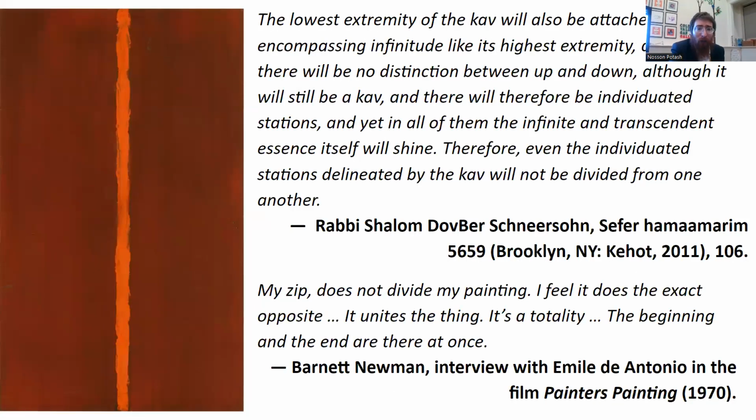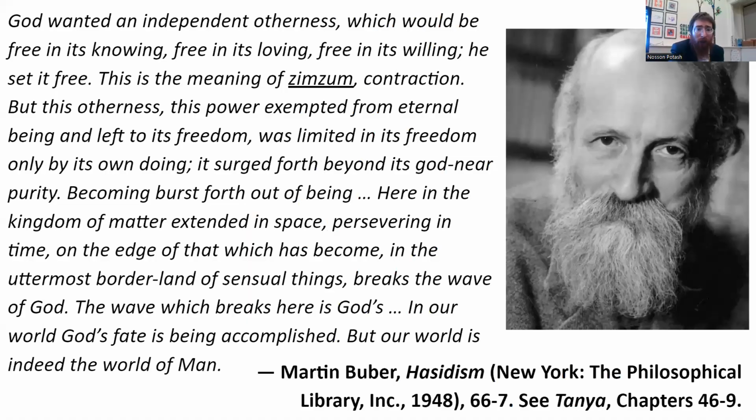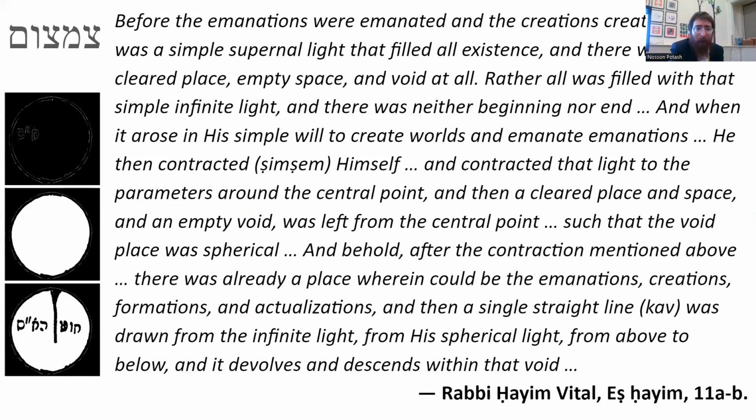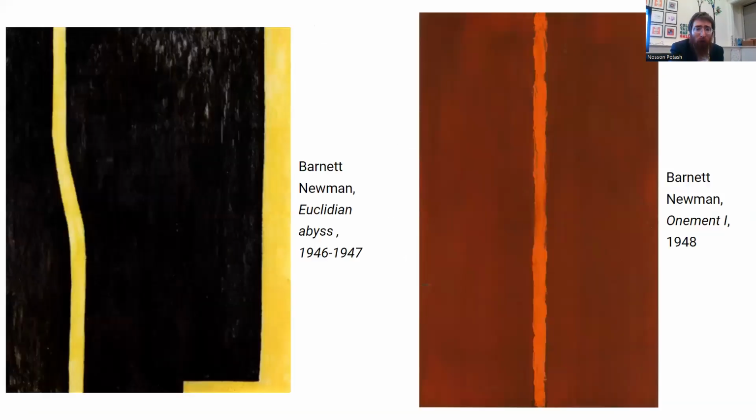Then we have a third phase. Now, let me just go back. I don't have all of the examples in this slideshow, but Newman, in his early painting, also had two phases. The first phase, of which this is an example, was concerned with the abyss, with the void.